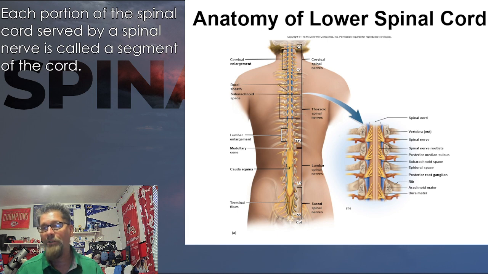Those are nerve fibers. The nerve is the rusty red area that's coming out of the spinal cord. That's what you see in the taller picture. The 31 is not the individual small ones going into the rusty red covering. The 31 that it references is the one big one that's coming out and out to the rest of the body. And each part of the spinal cord where one of those large nerves comes out, that's called a segment of the spinal cord.